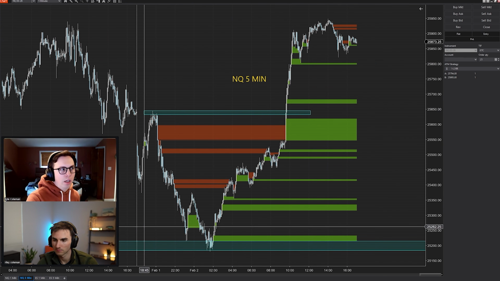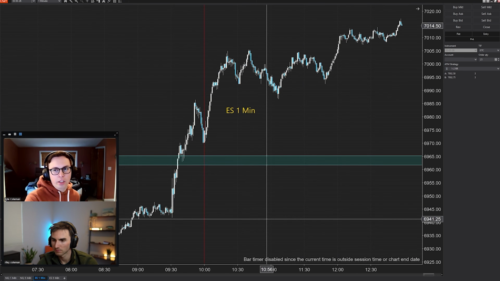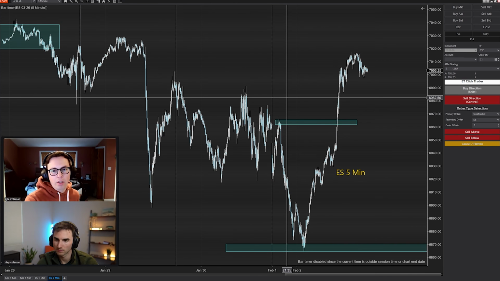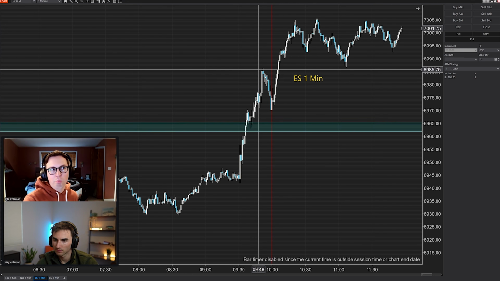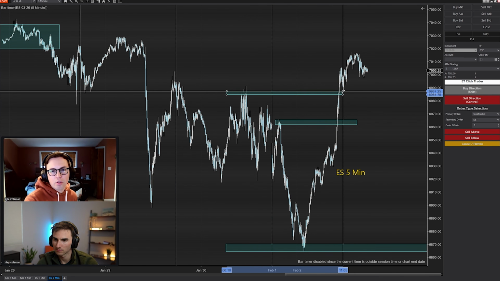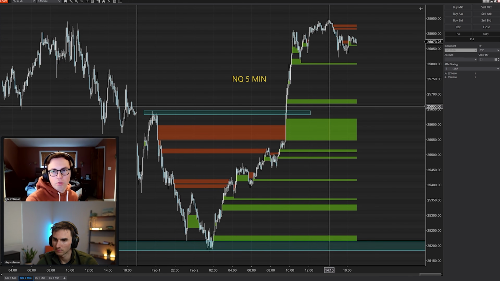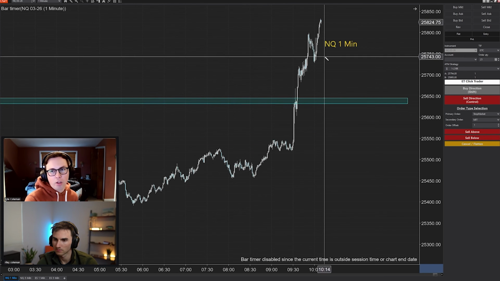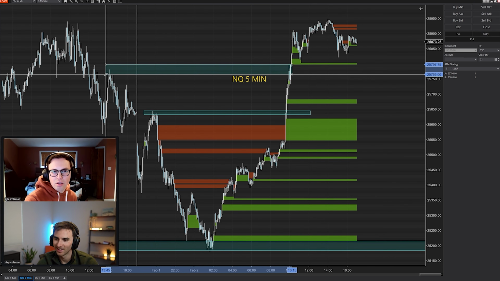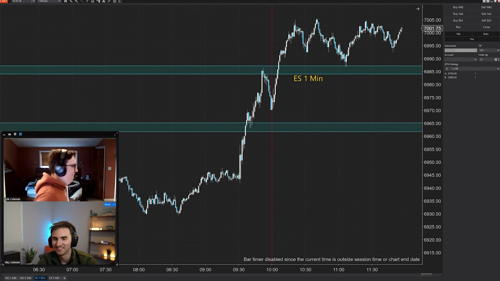Would you expect to take a trade on NQ if NQ is following ES? And then similarly, when NQ hit that zone, if ES has just continued shooting upwards, would you expect NQ to reverse or just keep following ES up through the zone? Does that make sense? I need you to say that again.